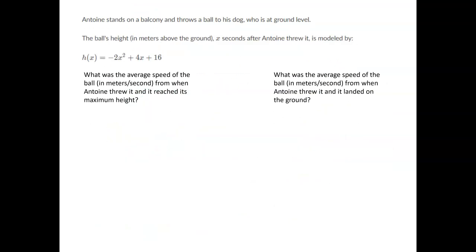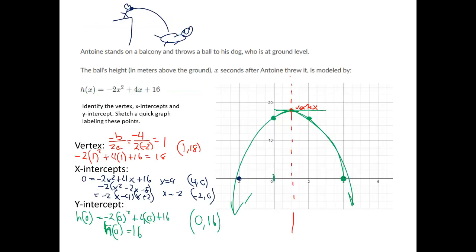Okay? All right, the average speed from when he threw it to when it reached its maximum height. What 2 points am I going to look at? 0 to 1. I call it negative 6 for when you threw it. He didn't throw it over here. He threw it up here. See our picture?